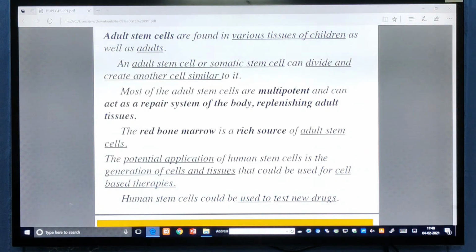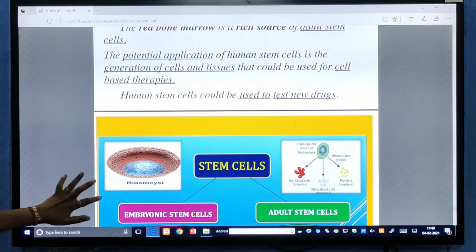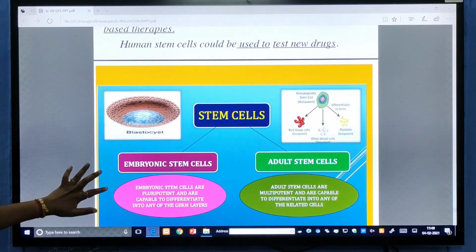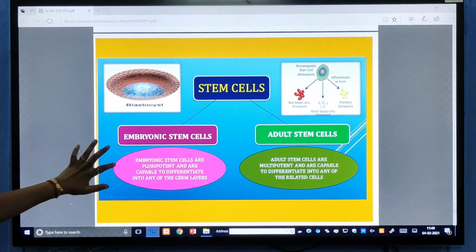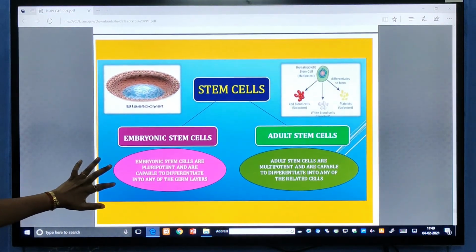The red bone marrow is a rich source of adult stem cells. The potential application that we expect from human stem cells is the generation of cells and tissues for cell-based therapies. Human stem cells could also be used to test new drugs.